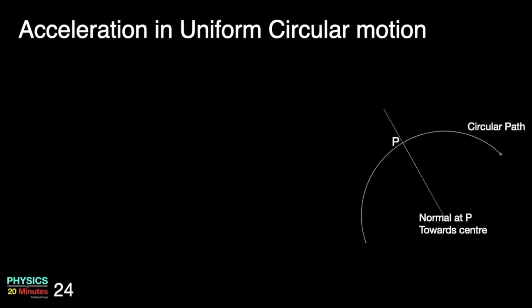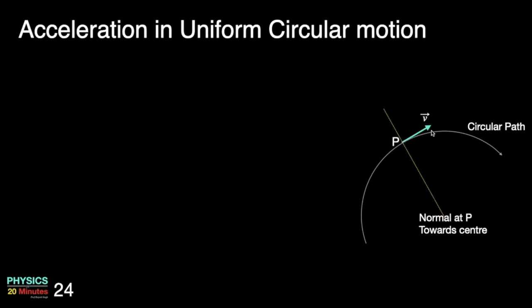We will now determine the acceleration in uniform circular motion. We have seen in video number 18 that if a body is moving on a curved path with a constant speed, in this case a circular path, then at any point P, the velocity vector is going to be tangential to the circular path or the curved path.